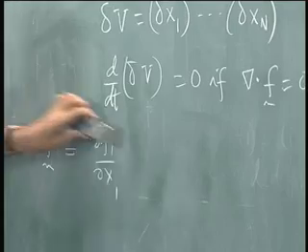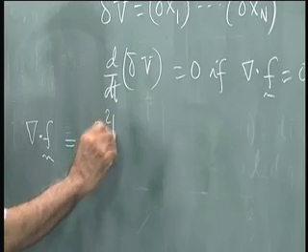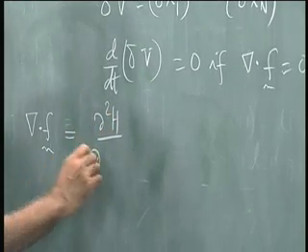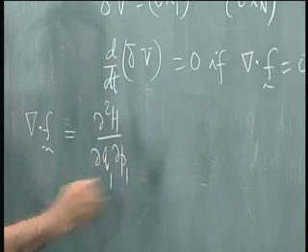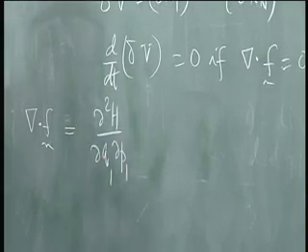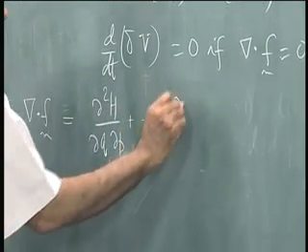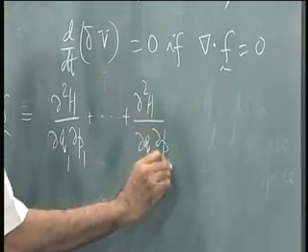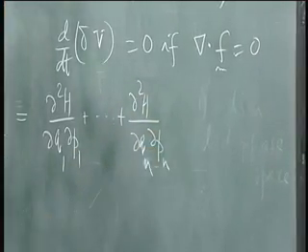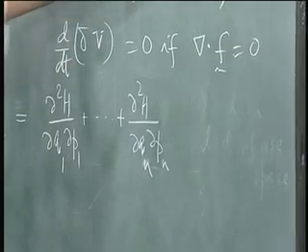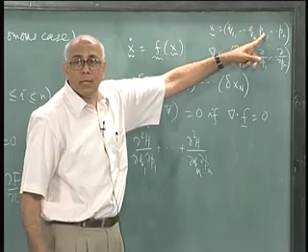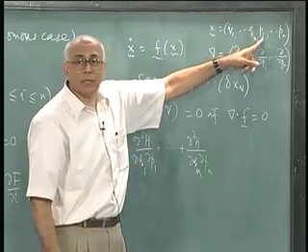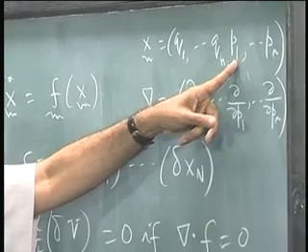So this gives me d2h over delta q1 delta p1 plus all the way up to d2h over delta qn delta pn, and then I go on to the next one, which is delta f(n+1) over delta x(n+1).